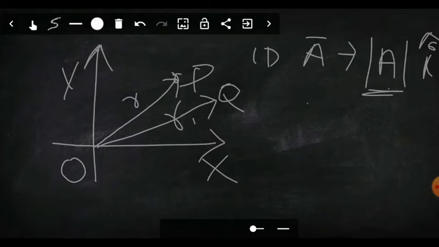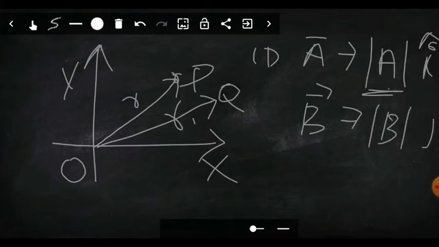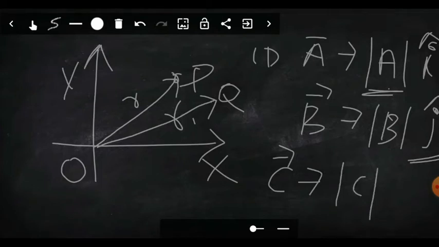And suppose we consider the vector B, and that B is directed along the y axis, then to represent that vector B, we use the magnitude of B into the direction. Since it is directed along the y axis, to represent the direction we use this j cap. Suppose another vector C is directed along the z axis, then to represent that vector C, the magnitude of C into the direction of the z axis, we use this unit vector k cap. In this format, we can represent any of these vectors.